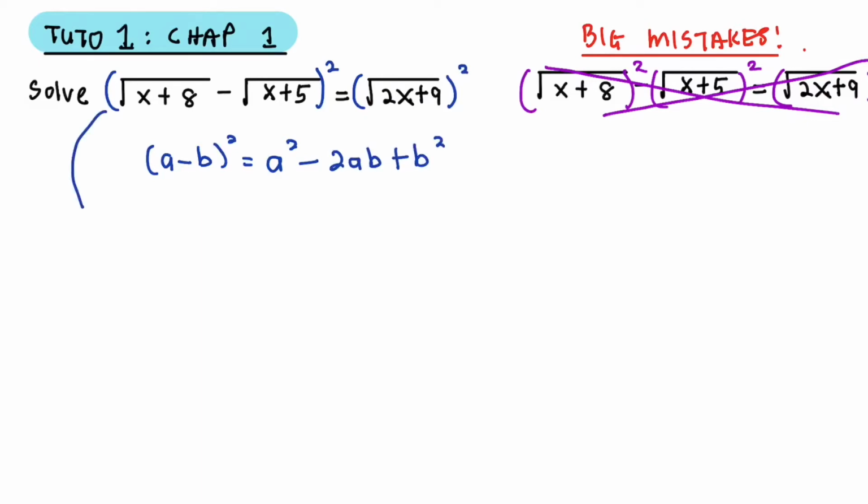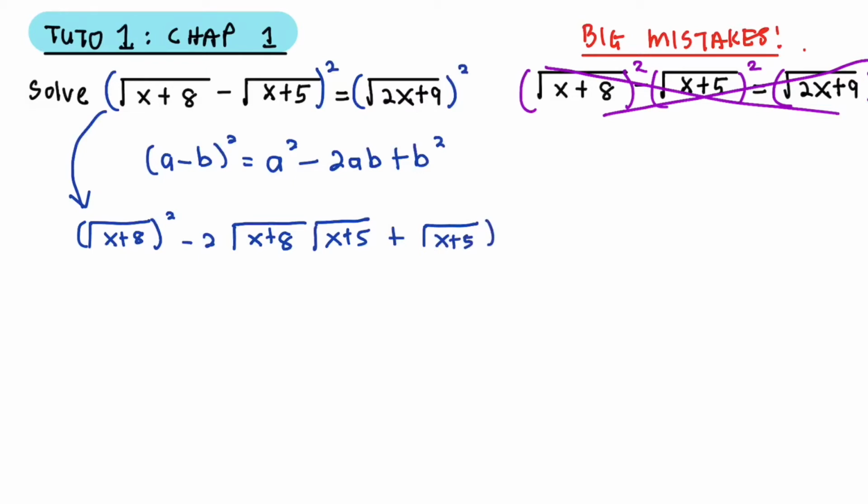So from here you get square root of x plus 8 squared, minus 2 multiplied by square root of x plus 8 multiplied by square root of x plus 5, then plus square root of x plus 5 squared, equivalent to, when you have a square root and a square, you can cancel out, you get 2x plus 9.